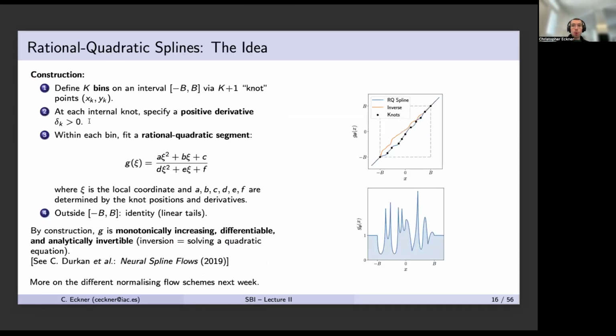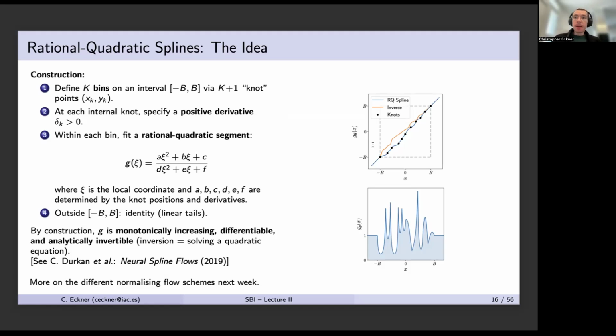And to recall what I talked about last lecture is the idea of a spline. So you use these splines in a certain interval of your parameter space. And in each of these intervals, you would create a certain number of knots. And these knots would be connected by a certain spline that is of this particular form. So it's a rational spline.